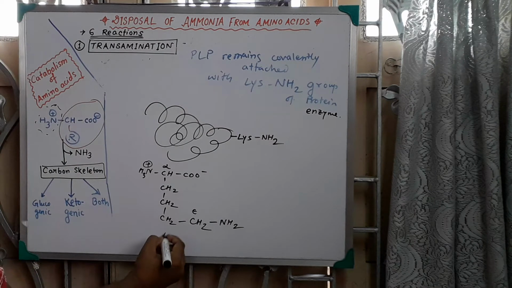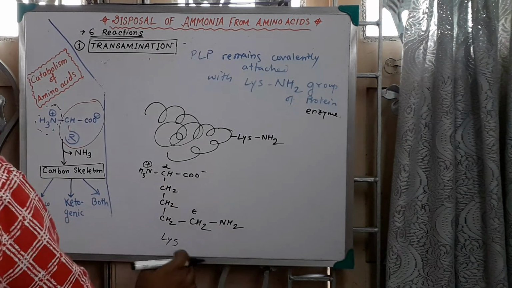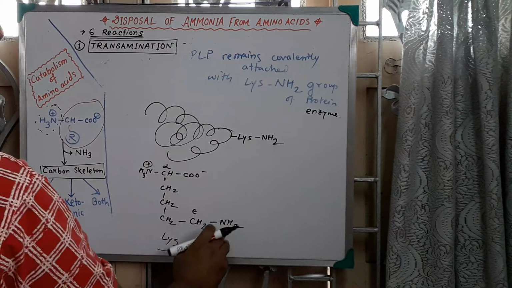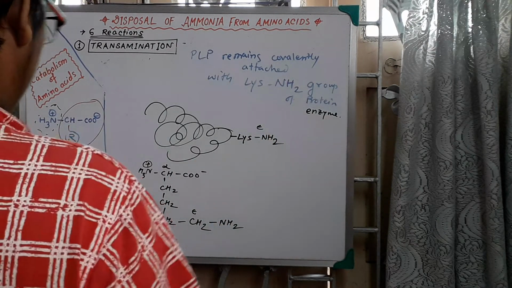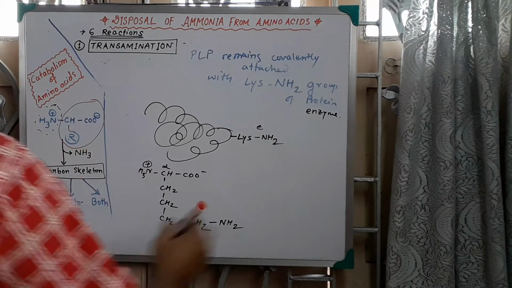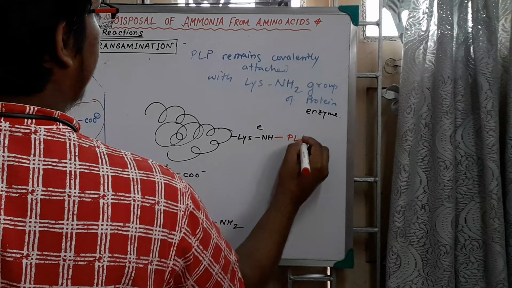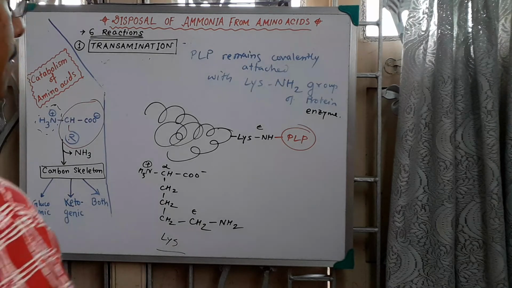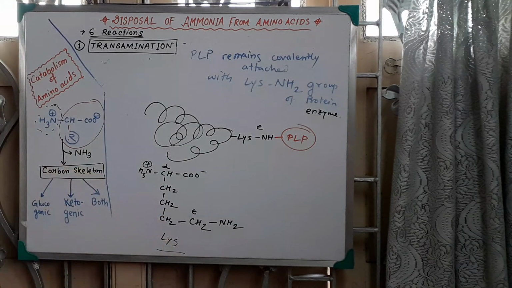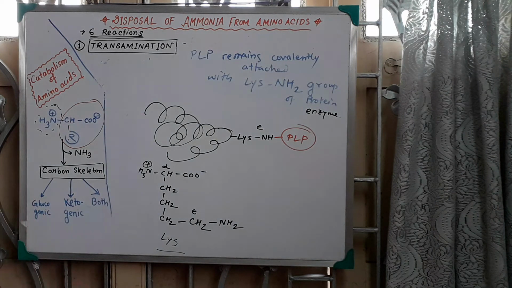This is the lysine structure, and this is the epsilon amino group of lysine. With this epsilon amino group the PLP, pyridoxal phosphate, is covalently attached. By this, the transamination reaction occurs.